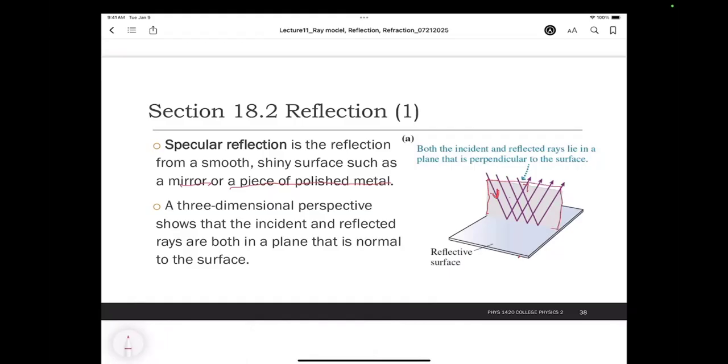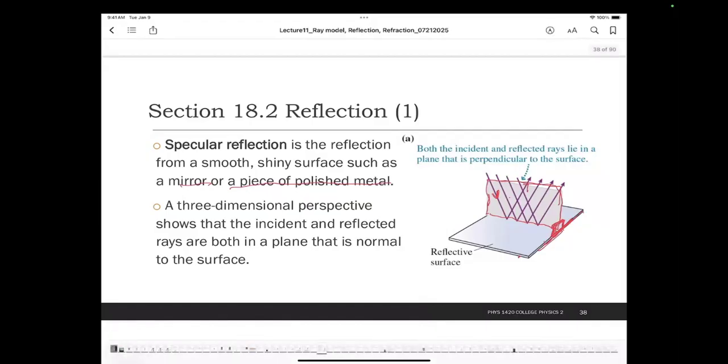And this plane is normal to the surface, which means there is a 90 degree angle, which means this plane is perpendicular to this surface.